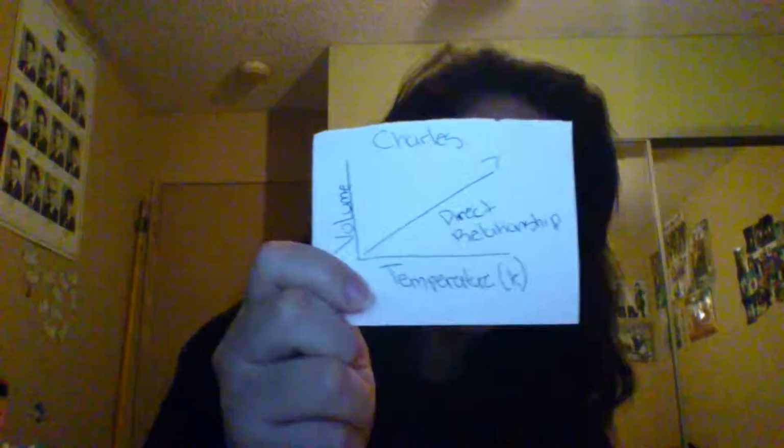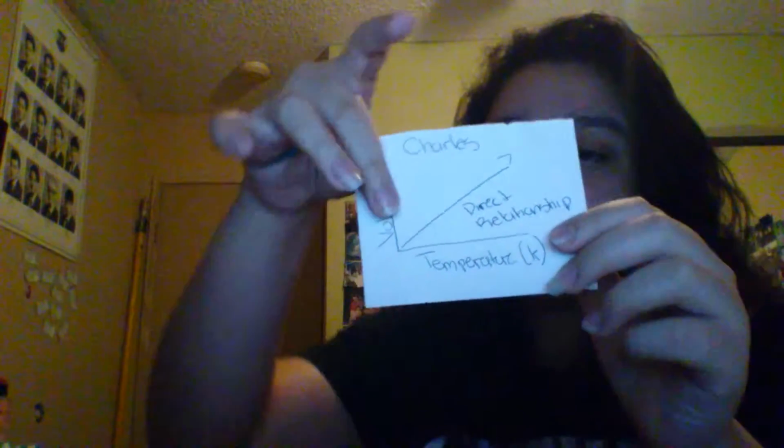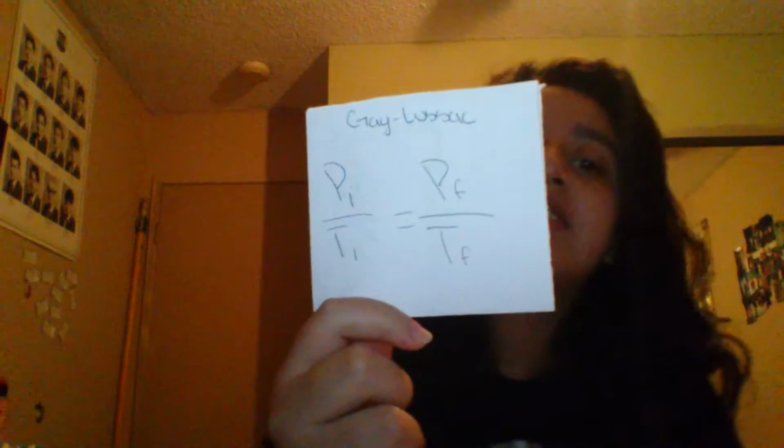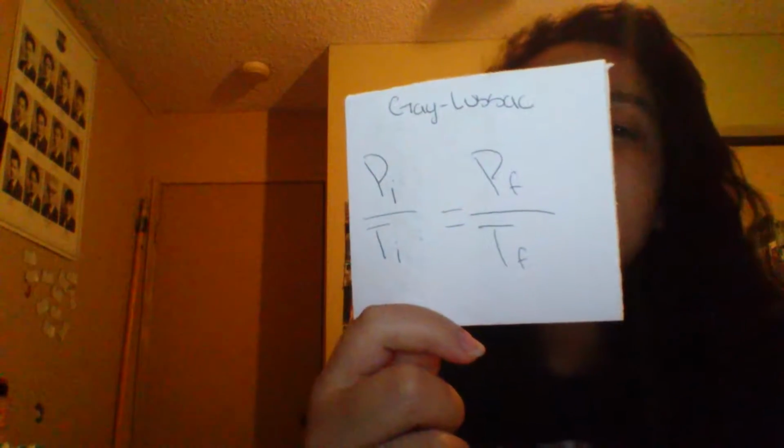Since it is a direct relationship like Charles' law, it's the same graph, but keep in mind they're different properties. The equation for Gay-Lussac's law is Pi over Ti equals Pf over Tf. I did not mention volume because in Gay-Lussac's law, the volume is constant.